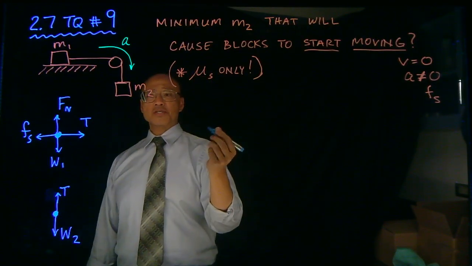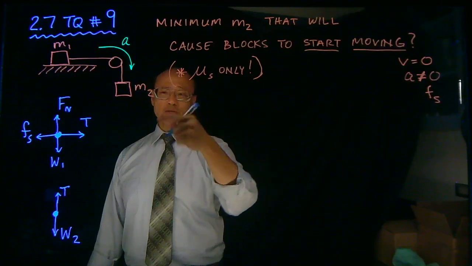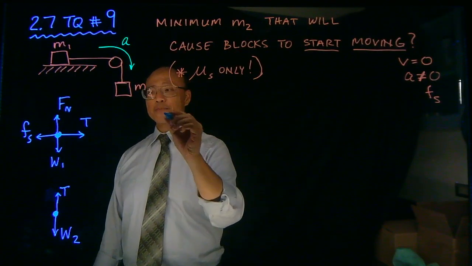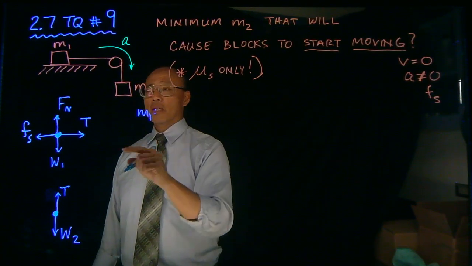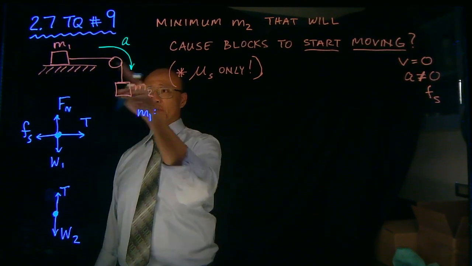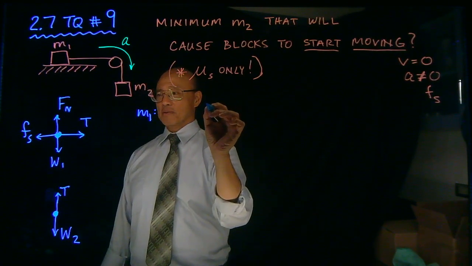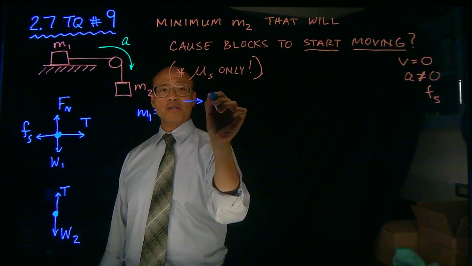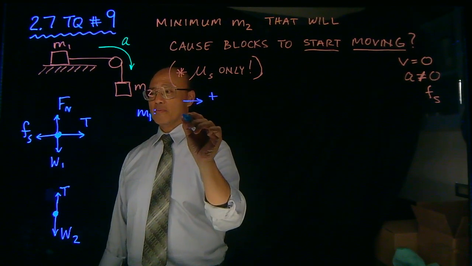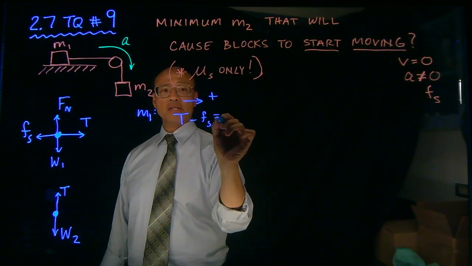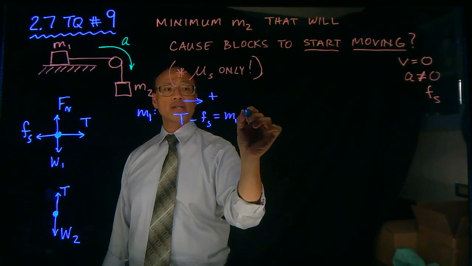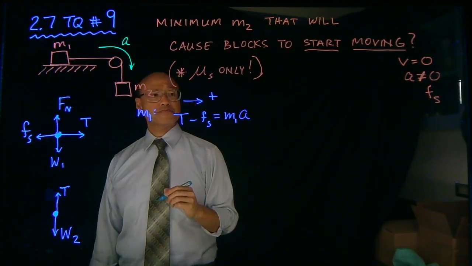Let's go straight to Newton's second law. For mass 1, we're going to go parallel to the table. If this way is positive, then we've got T minus Fs has to equal the acceleration, 1a, right?